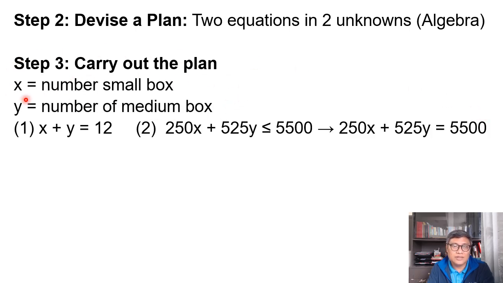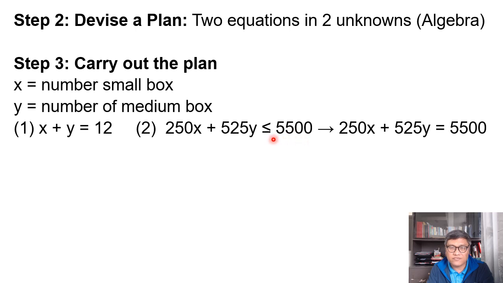Your x will be the number of small boxes, your y will be the number of medium boxes. So my first equation would be x plus y is 12 because there is a total of 12 boxes. The second equation is that we multiply the number of small boxes by its cost plus the cost of the medium boxes multiplied by its total number, which should be less than or equal to 5,500.